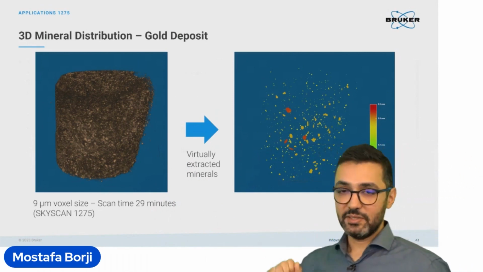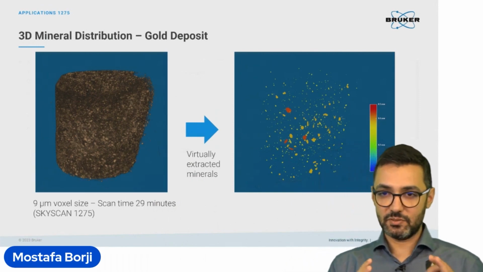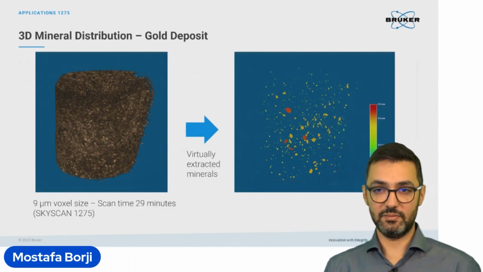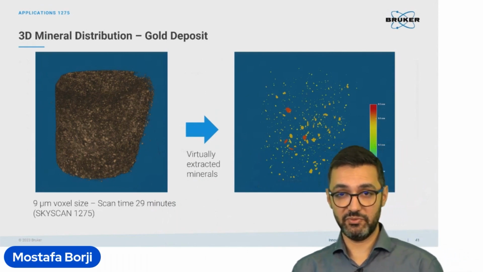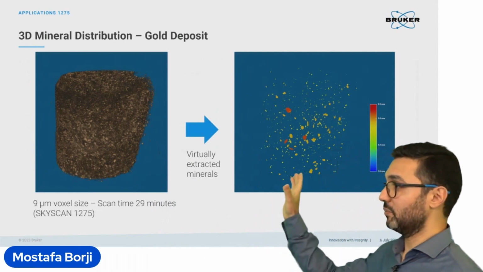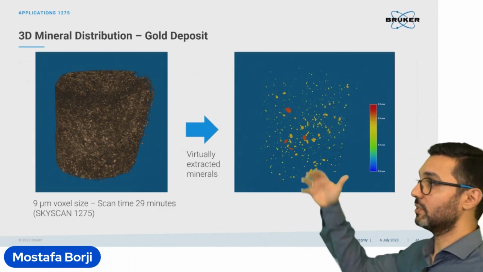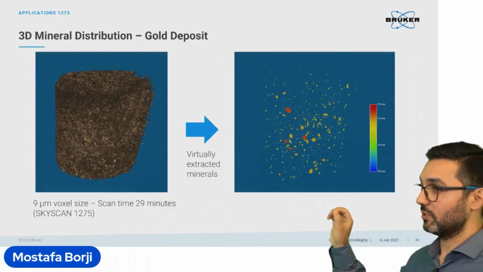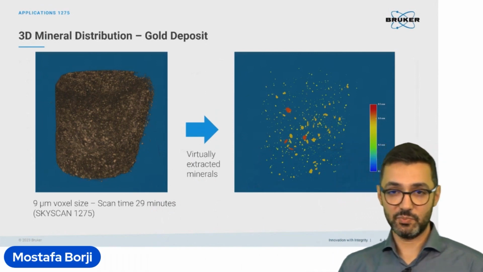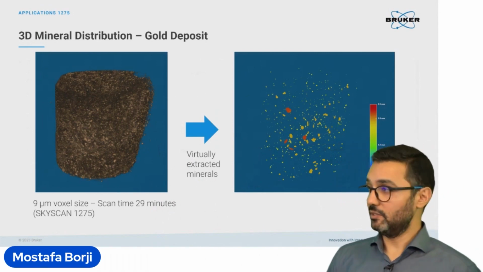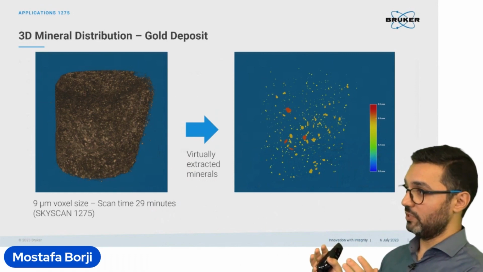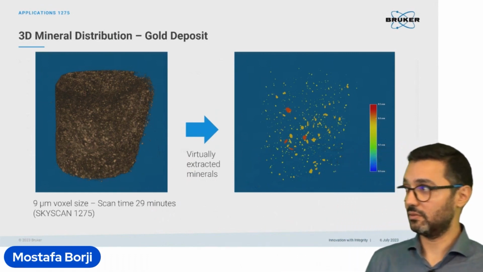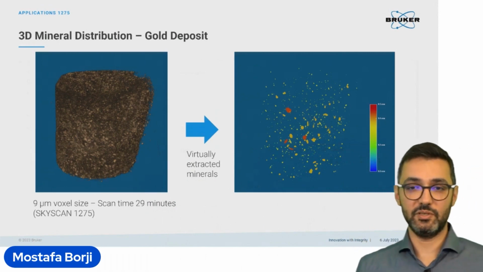And depending on the contrast, since the gold mineral has higher density compared to the surrounding, we can isolate these specific features and extract them from the bulk volume and then run the measurements on that one. So for example, here we have a measurement on the size of these particles in the sample, and it is color-coded for a better visualization. Red represents larger ones, and it goes towards blue as it becomes smaller.